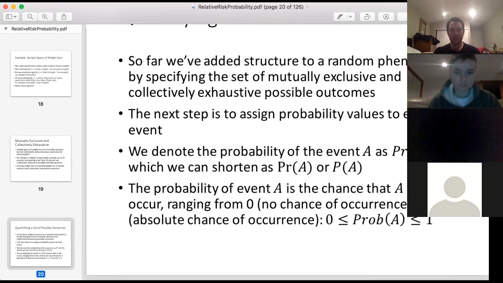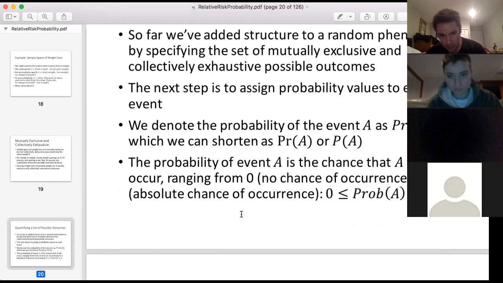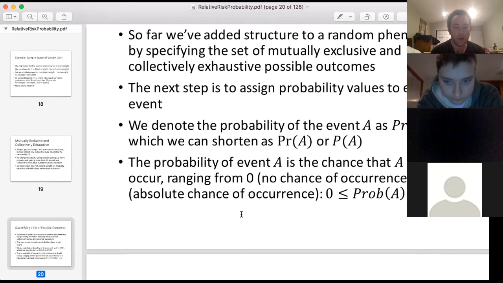So if you see any of these notations, they all mean the same thing: the probability of a given event A. We define that as the chance that A will occur. It will be a number between 0, which is absolutely no chance of occurring, and 1, which is absolutely certain that it will occur all the time. So your probability of A will be bounded between those two numbers. It can't be less than 0, and it can't be more than 1.